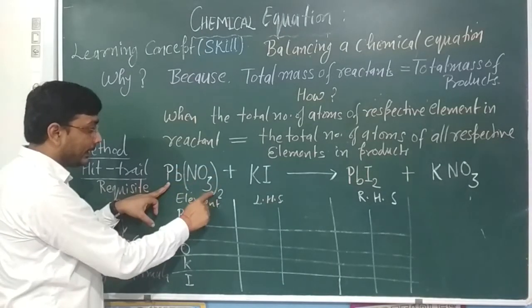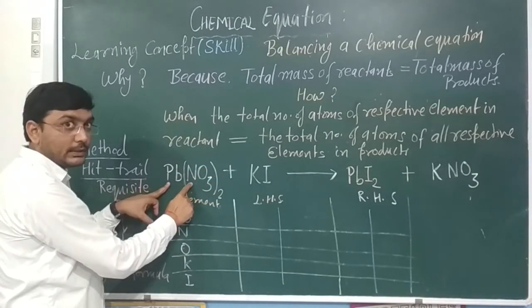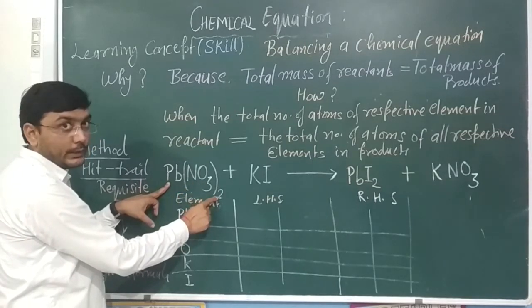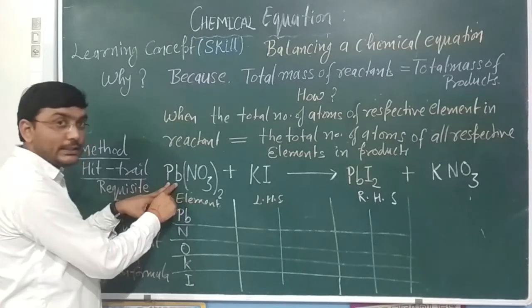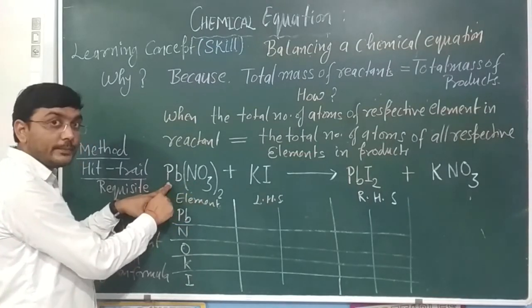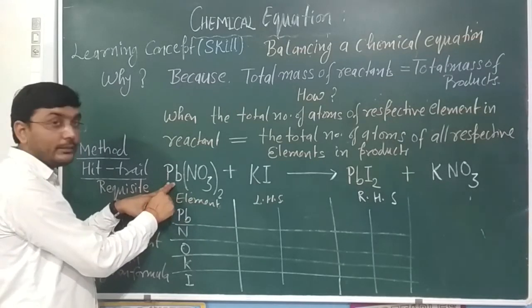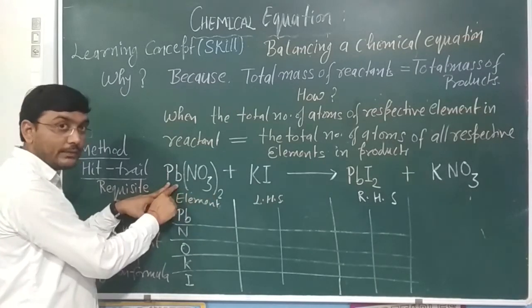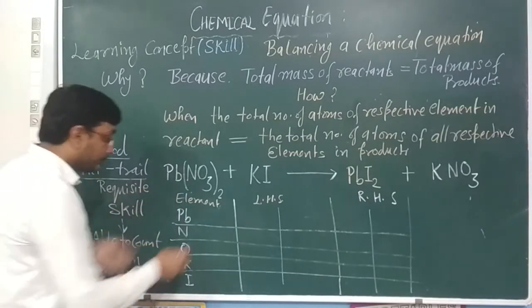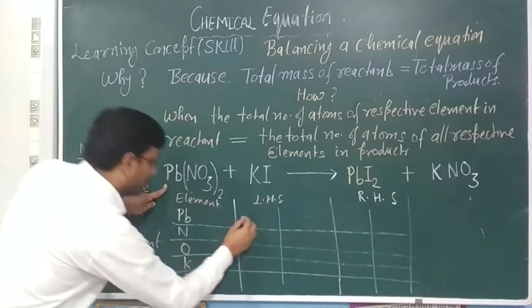Bracket: within the bracket, the atoms of a particular element present will be multiplied by 2 only. Is lead inside the bracket or outside? Outside. So this number will not multiply lead. The number of atoms in lead is in this one, right here.